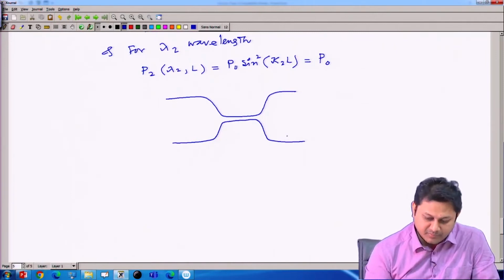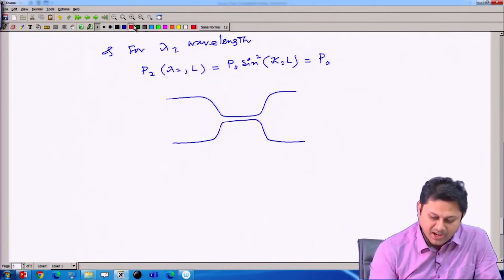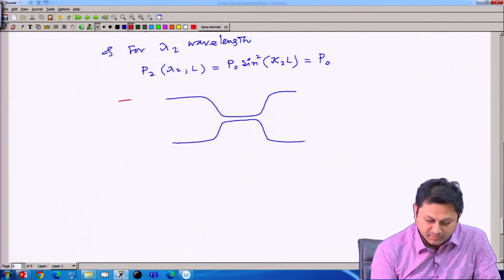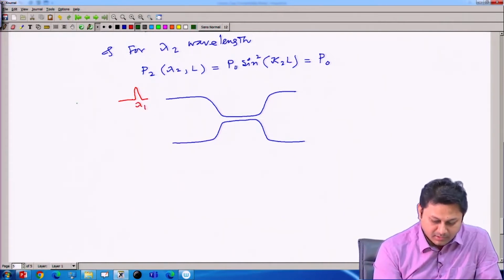So, this is the second branch. I want to have lambda 1, say, and this is lambda 2.